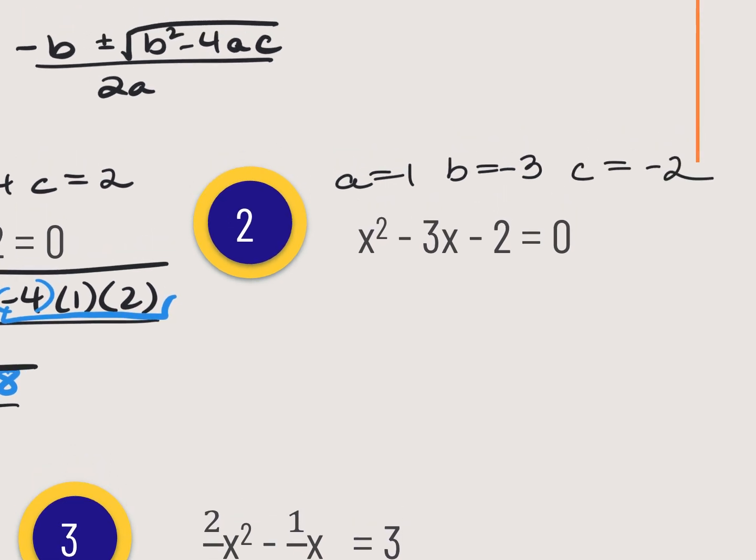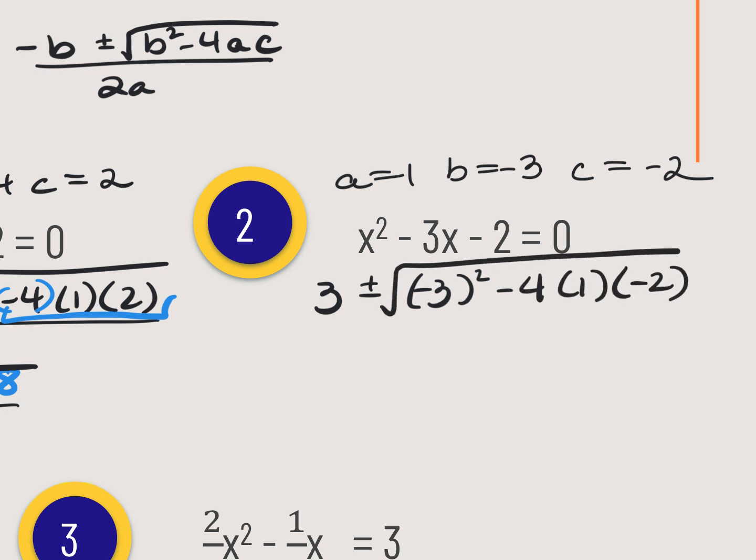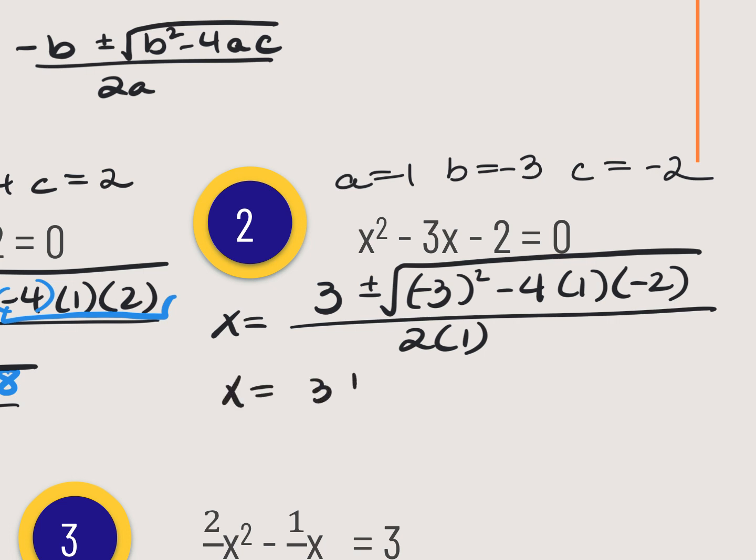And again, I'm plugging them into the quadratic formula. So the opposite of b, or -3, turns +3, and then -3 squared minus 4 times a times c, all under the radical, divided by 2 times a. I'm going to simplify what's under the square root. -3 squared is +9.